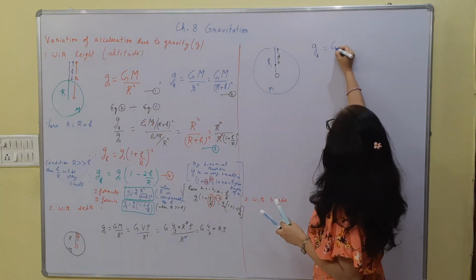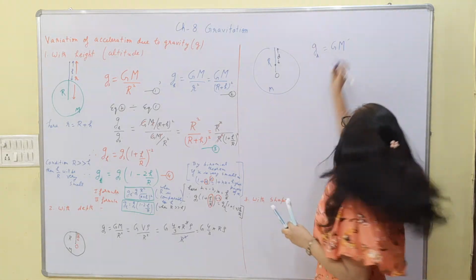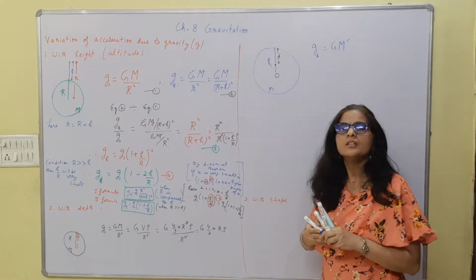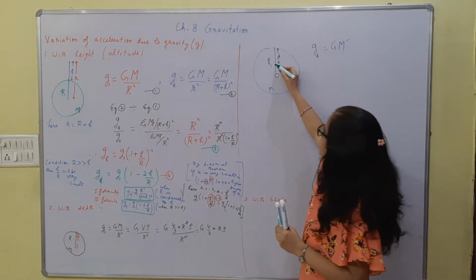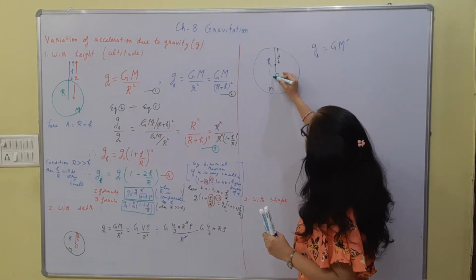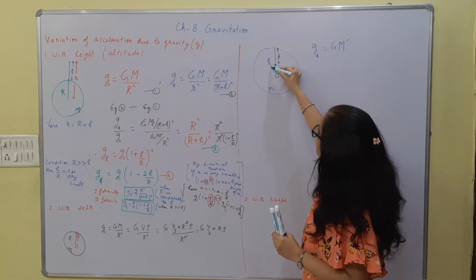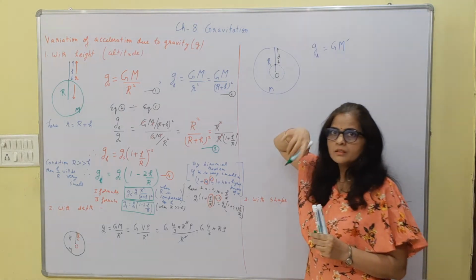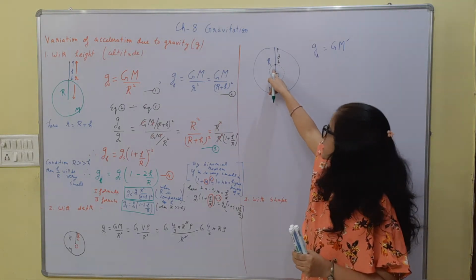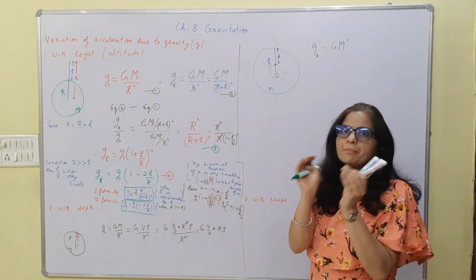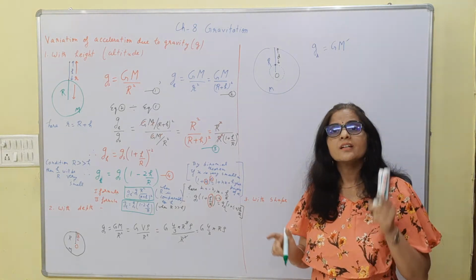So this will be G M dash, I will write. Why am I writing this M dash? This is an important point to be considered here, because when we are talking about this point, then the sphere of influence of the material of the sphere which this point makes will be effective in attracting this body.